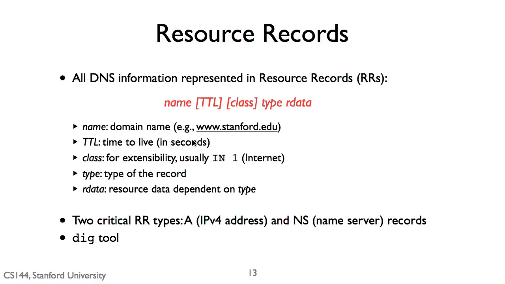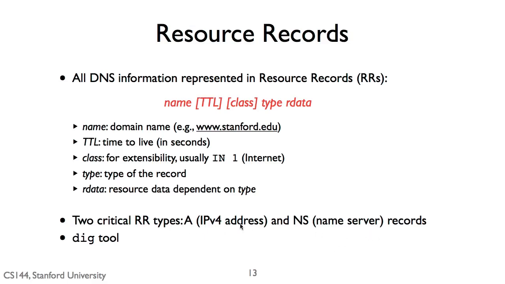TTL: how long is this record good? Class: this is the address class. Typically it's almost always IN, or class 1, so this is for the internet. There's the type of the record, and then the data. Here I'm going to walk through two critical resource record types: type A, which is an IPv4 address, and NS, which is a name server.